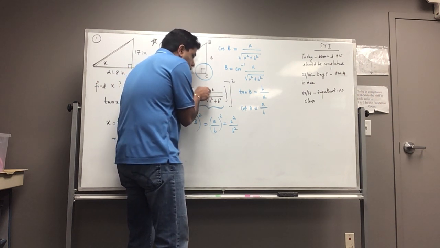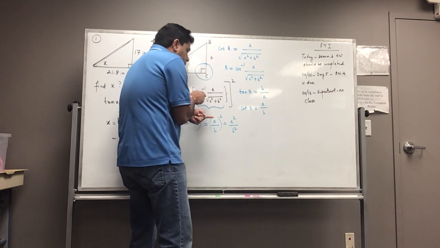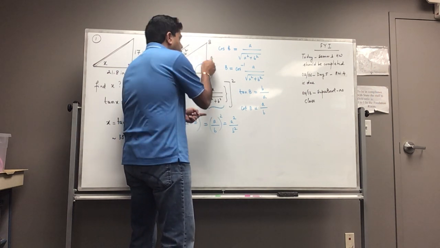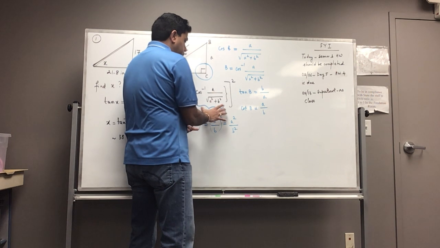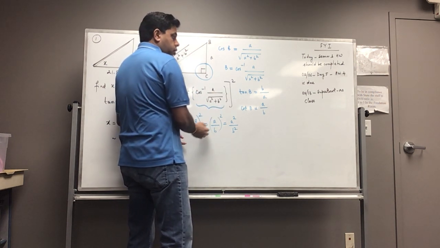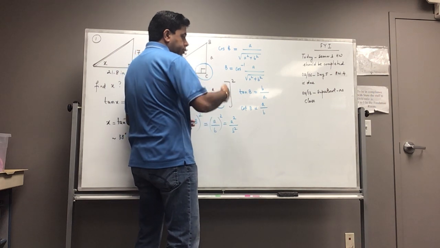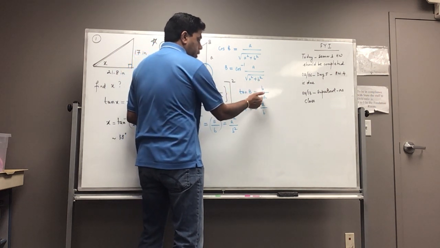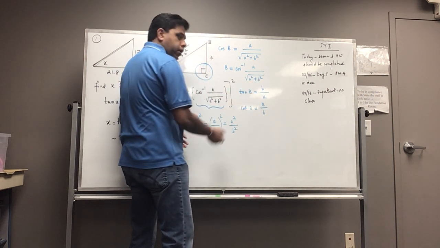So which angle has an adjacent side, which is side A? Angle B. So this entire thing is angle B. And cotangent B is the inverse of tangent B, which is B over A, so it becomes A over B, squared.